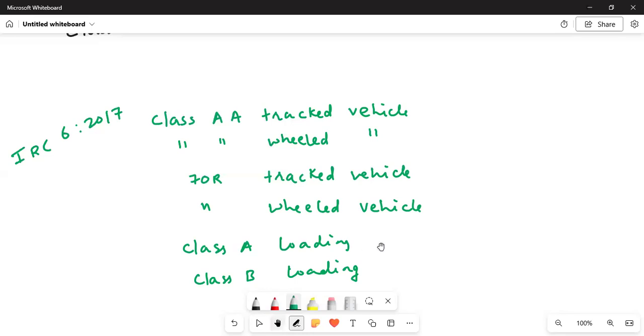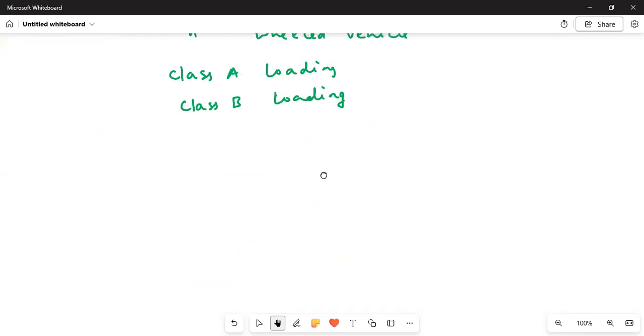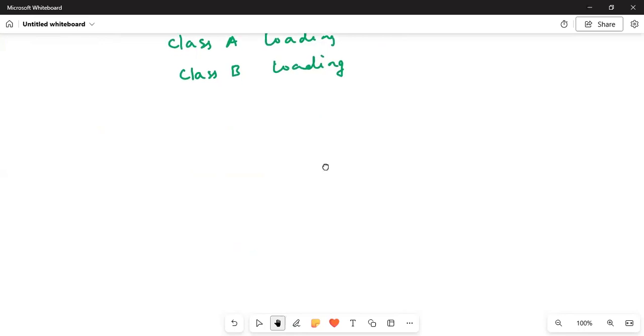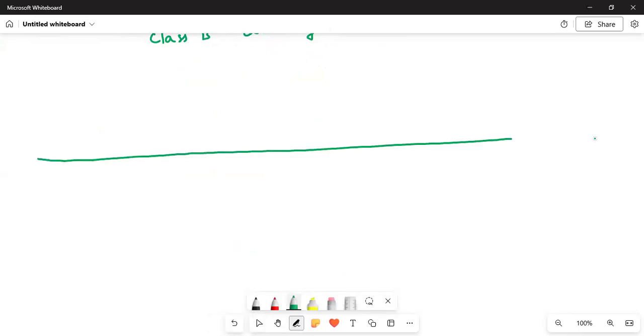Next, when you're dealing with a tracked vehicle, it will be like this. This is the bridge I have drawn. This is one tracked vehicle and this is another tracked vehicle. How shall it be placed?